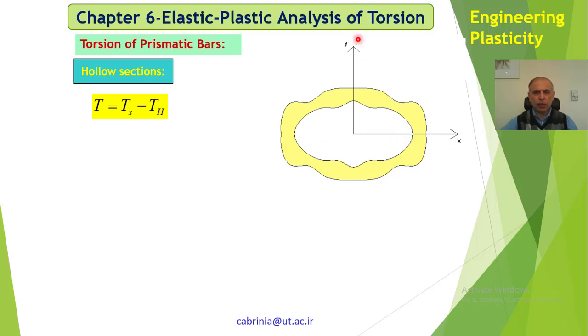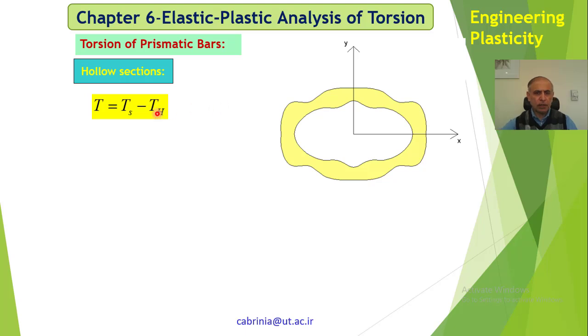Now if we take X and Y like that, then we could say that TS, T of the solid section, this outside solid section, supposing it's a complete solid section, minus TH, that hollow section, supposing it is another solid section, if we subtract that one from that one, we get the torque for the annular shaft, or hollow shaft. That's how we do it.